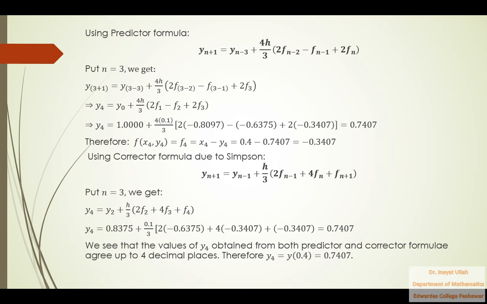I hope this is a very simple method to understand and to use. You just need to match these two values of y obtained from the predictor and corrector formulas. If these two values of y agree up to a certain number of decimal places, that is the required answer.